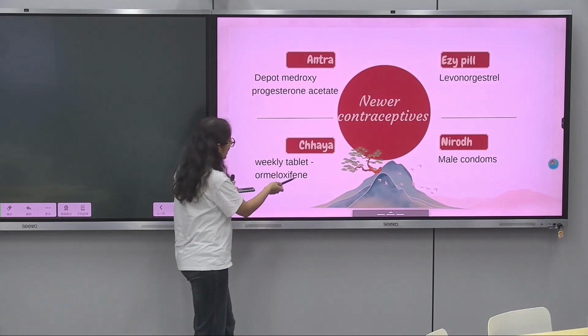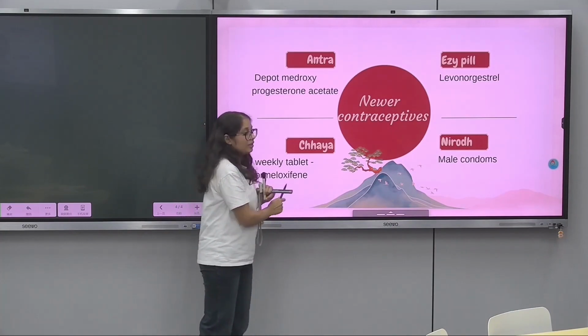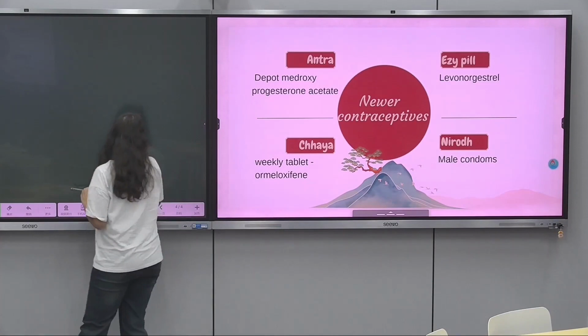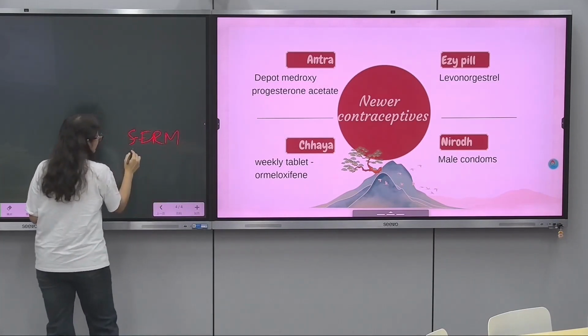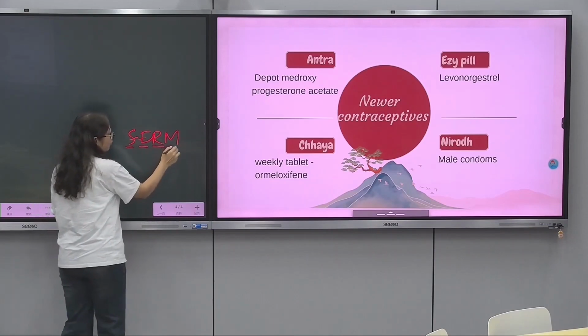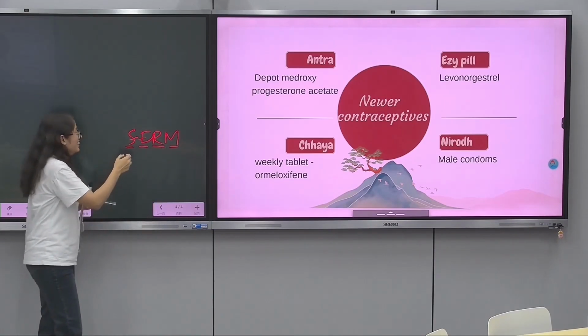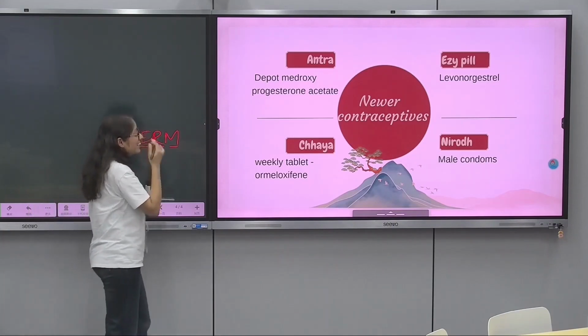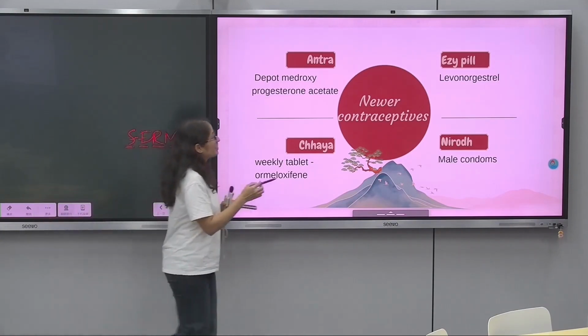Next are Chaya pills, the weekly tablet of ormeloxifene, and ormeloxifene is a SERM, a selective estrogen receptor modulator. In this, estrogen production will be decreased, and hence ovulation will be decreased.